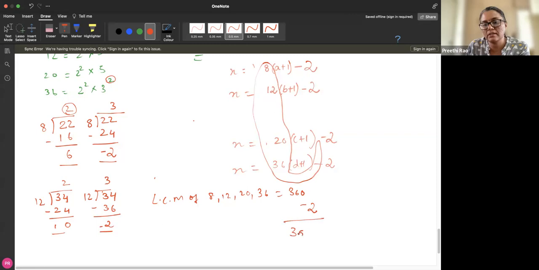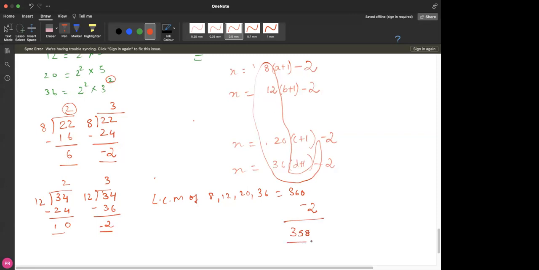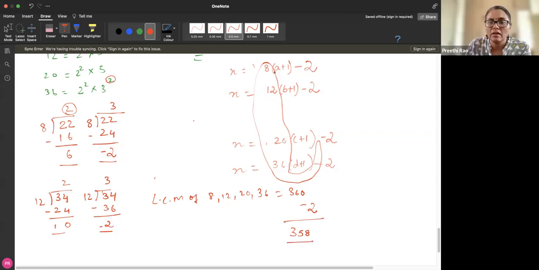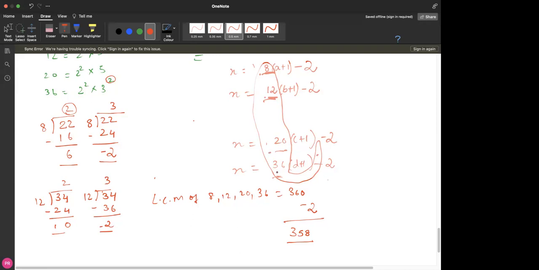I get x is 358. Because x is a multiple of 8, 12, 20, 36, but it is too short by 2 in each case. So we took that 2 short to the other side, it becomes plus. So x plus 2 is the full LCM.